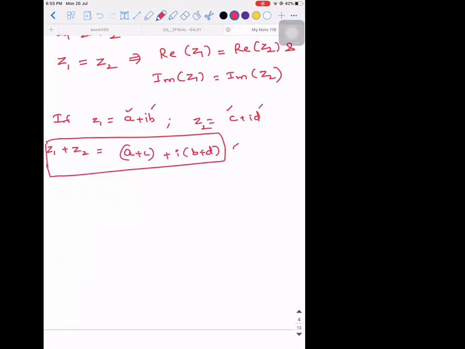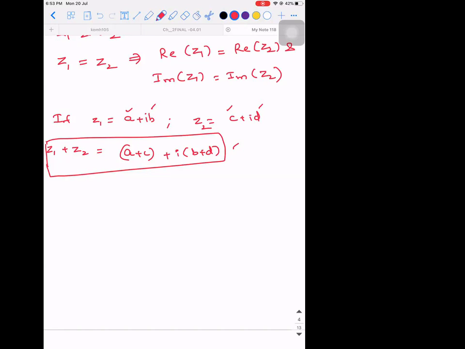Are you guys able to understand this? Your voice was breaking. I'm saying if you have Z1 equal to A plus iB and Z2 equal to C plus iD, Z1 plus Z2 will be equal to A plus C plus i into B plus D. It means you add the real parts separately and the imaginary parts separately.